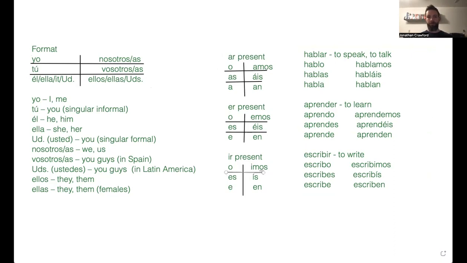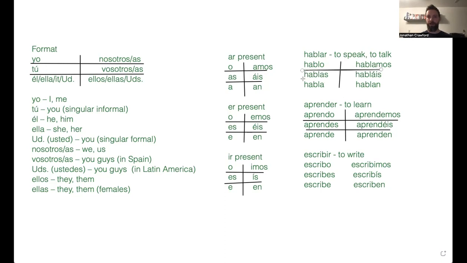Or if we're talking about the verb aprender and I say I learn, then it's, because aprender means to learn, you say yo, and it's an O at the end, aprendo. Yo aprendo. Or if it's I speak, you say yo hablo. Just like that.